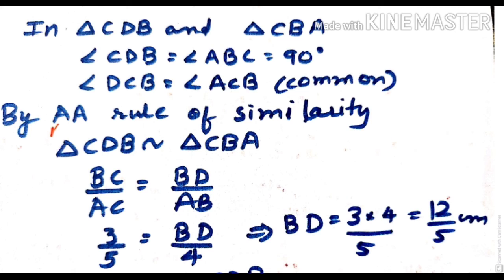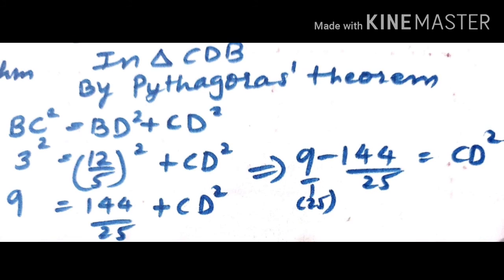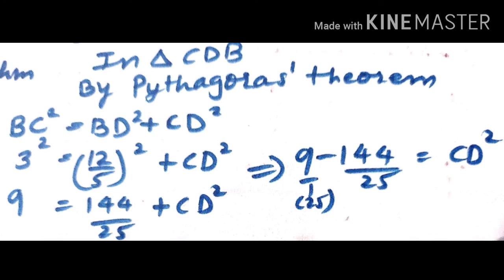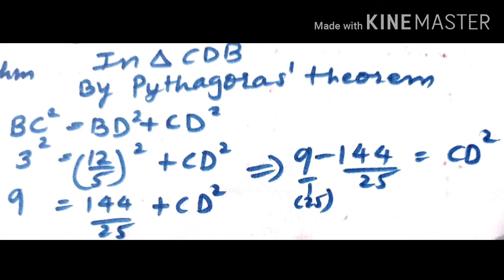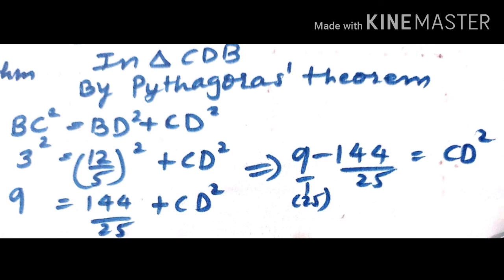Why are we finding this? Because we need our values of tan and sine in particular angles. Now in triangle CDB, we are again using Pythagoras theorem because we got two values, BC and BD, in this triangle. So we find the third value CD. So here in triangle CDB, hypotenuse is BC. So I write BC square is equal to BD square plus CD square. Value of BC is 3.